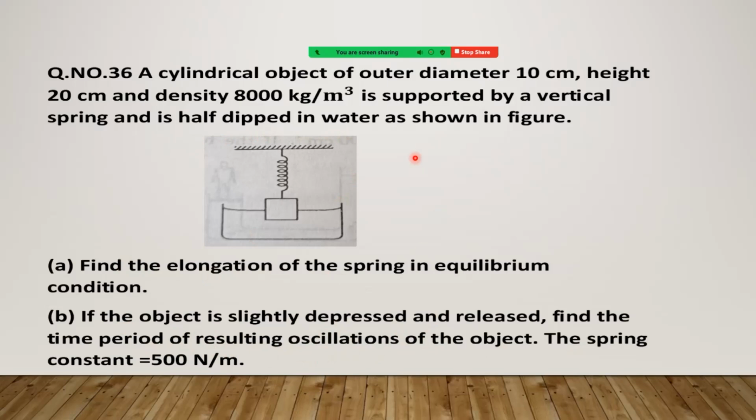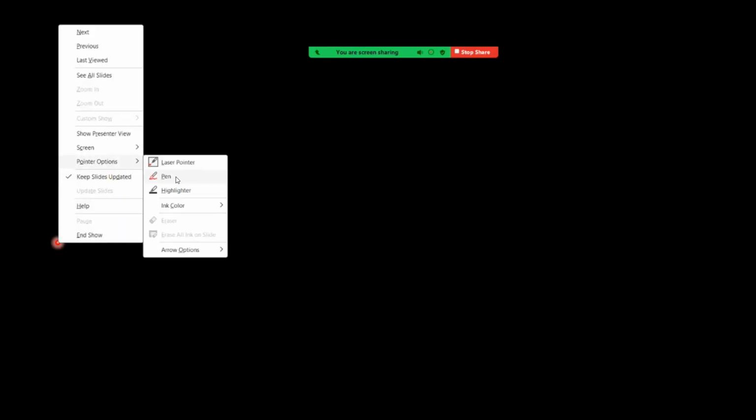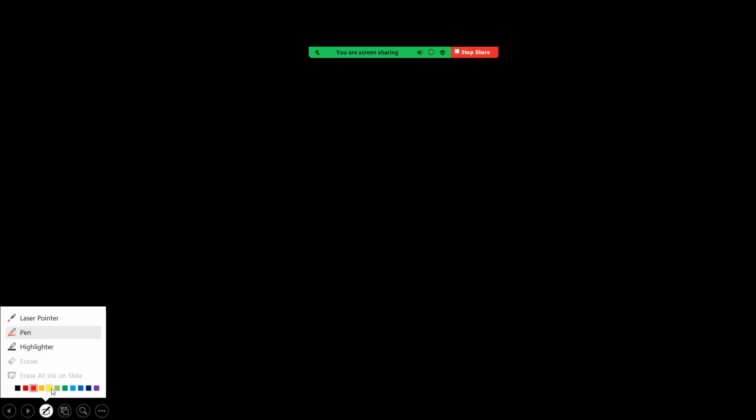Let us see how to start. First of all, see the given data and the diagram also. So given now is a spring and a cylinder, attaching the cylinder to a spring.